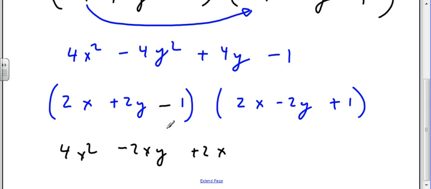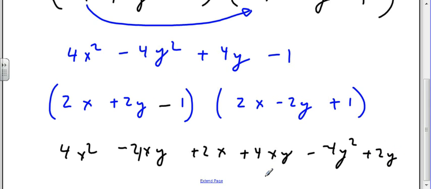Yeah. Then I didn't do it. And then I had a plus 4xy. That's a 4. I got a minus 4y squared. And then I've got a plus 2y. And then I've got a minus 2x plus 2y minus 1.